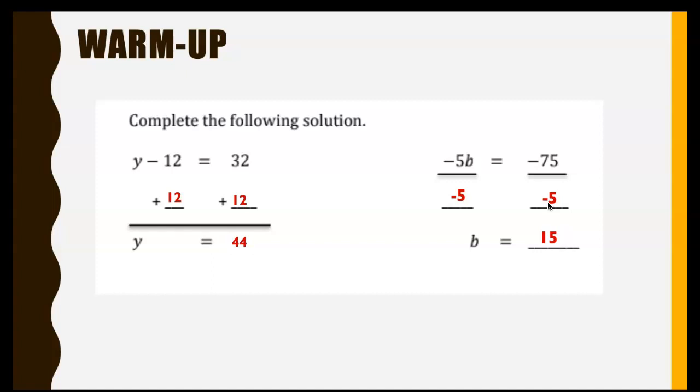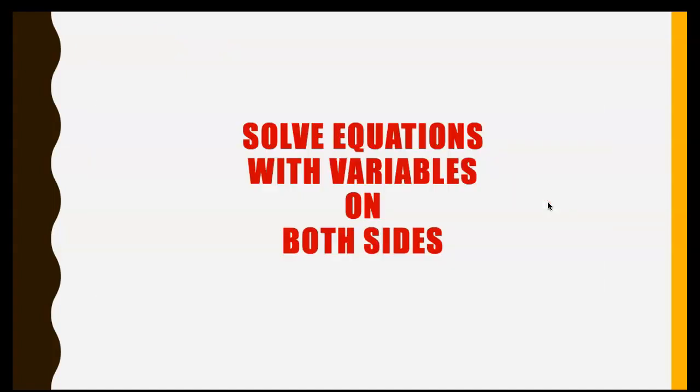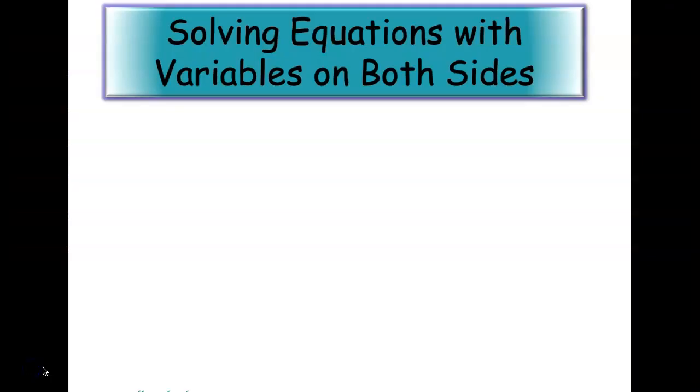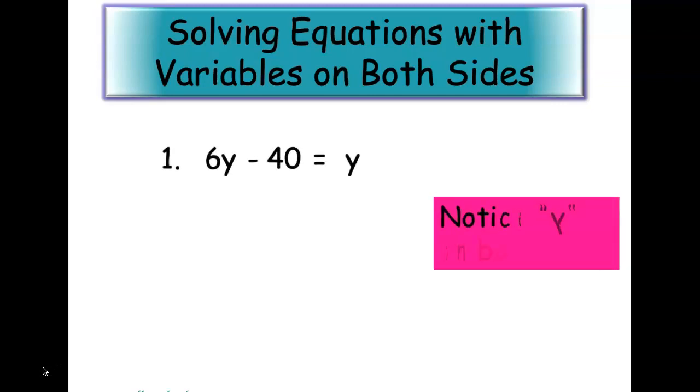Okay, so for this video, your objective is to solve equations with variables on both sides. Now I'm going to show you examples on how to solve equations with variables on both sides. For our first example, you will see on this slide that there is a variable on both sides of the equal symbol.